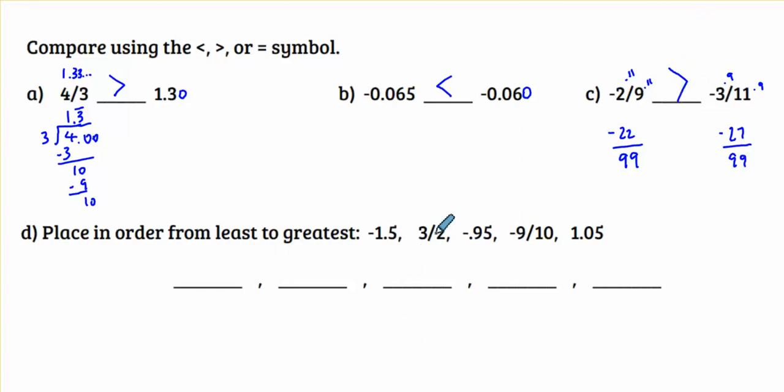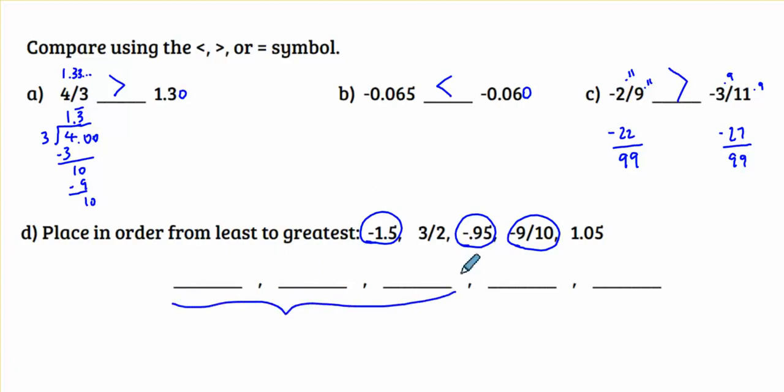Okay, for part D, let's definitely deal with the negatives separately from the positives. So we know that these first 3 slots are going to go to the negatives. Well, negative 1.5 is obviously the smallest because normally it would be the biggest. Negative 9/10 is negative 0.9.